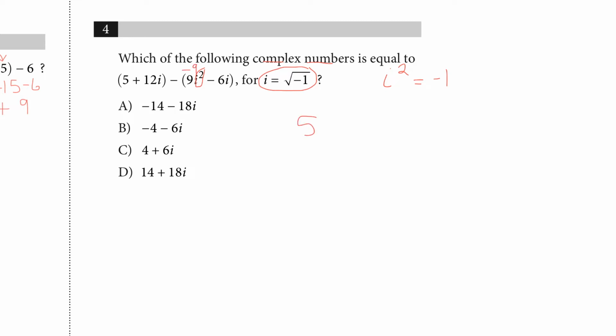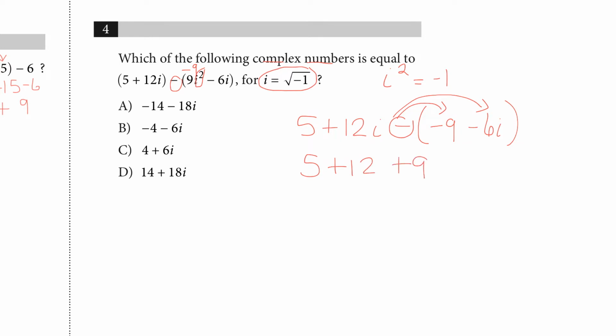So I'm going to have 5 plus 12i, and then minus a minus 9 minus 6i. So this minus right in here is like a minus 1, and I have to distribute that times each of those. So I'm going to have 5 plus 12i minus a minus 9, that's a plus 9, and minus a minus 6i would be plus 6i.